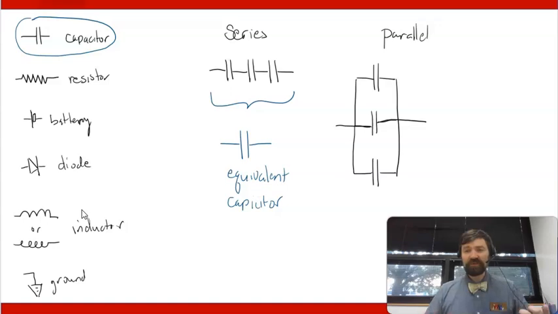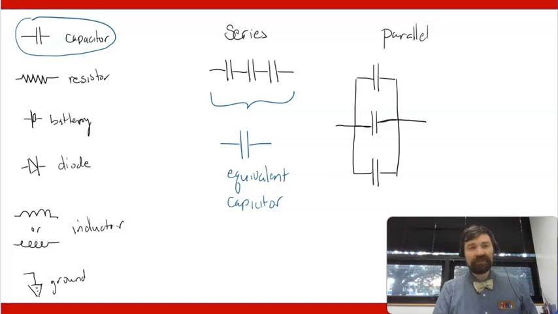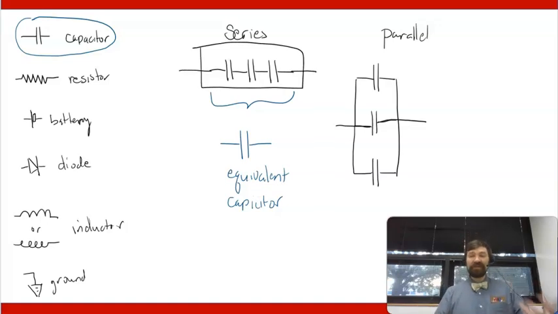Essentially, we need this equivalent capacitor to be indistinguishable from the combination of capacitors if that combination was placed within, let's call it a black box, meaning this stuff exists inside of a box like so, and we can see the outside of the box, but we can't see what's inside.